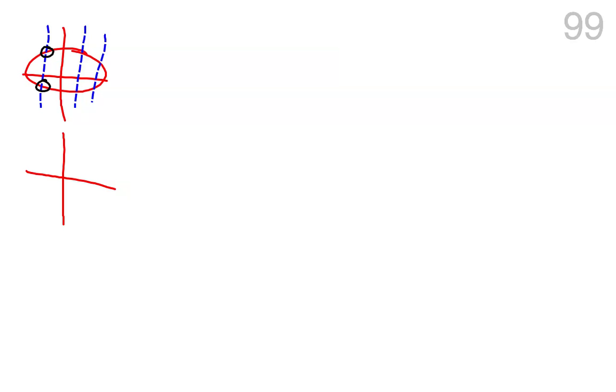This one is a function because no matter where I draw a vertical line here, it touches only once on any vertical line. It never touches a second time. So the first thing you have to know about whether or not to tell if something's a function is the vertical line test. What's the vertical line test say, guys?